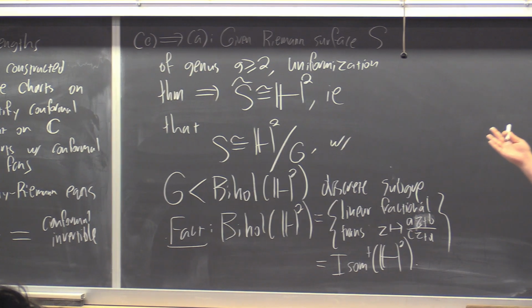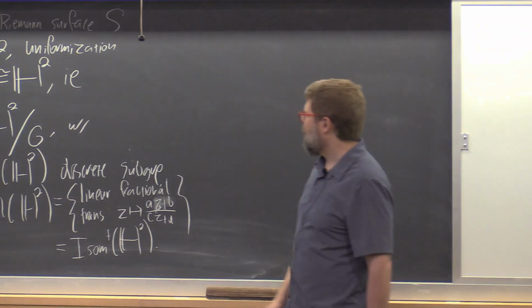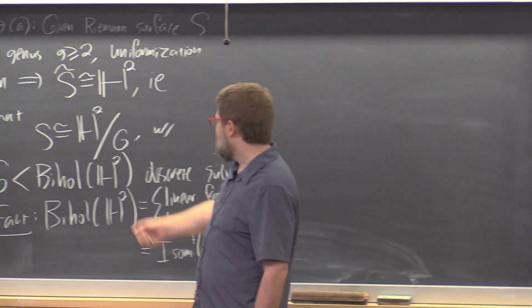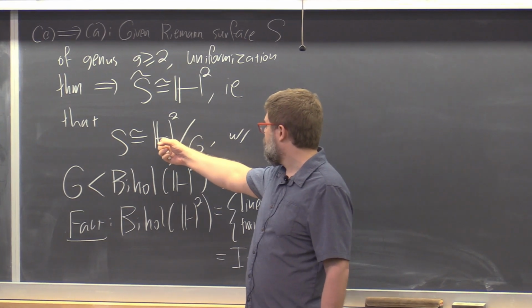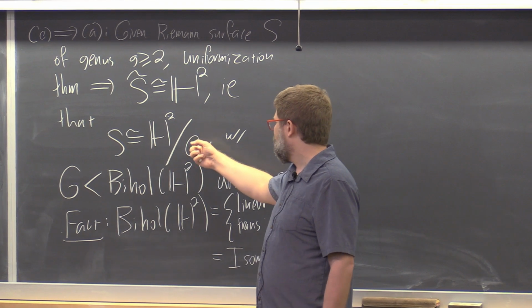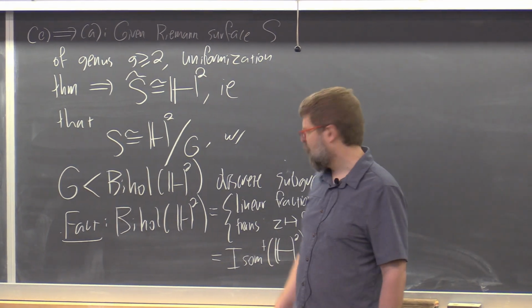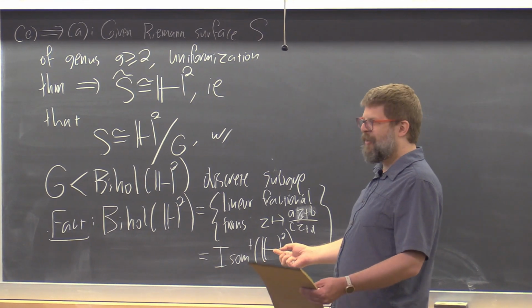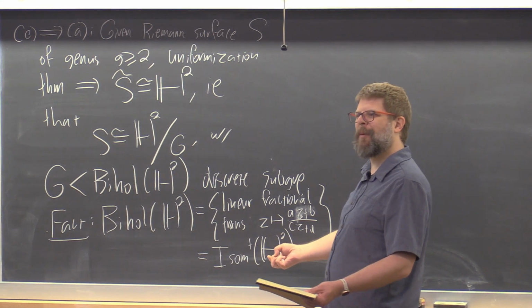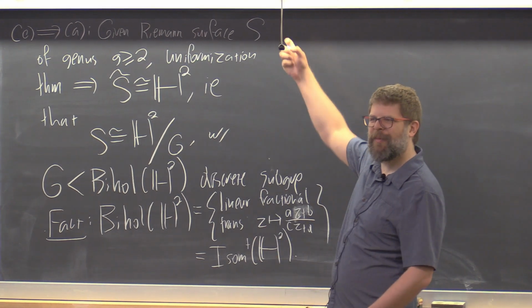Done. So the uniformization theorem says here that S is isomorphic to the quotient of the upper half plane by some discrete group of biholomorphic transformations. And those magically are the same thing as hyperbolic isometries, so you get a canonical hyperbolic metric on your surface.